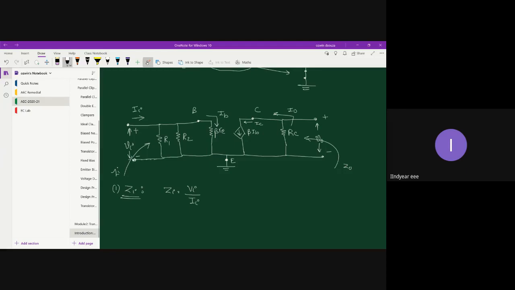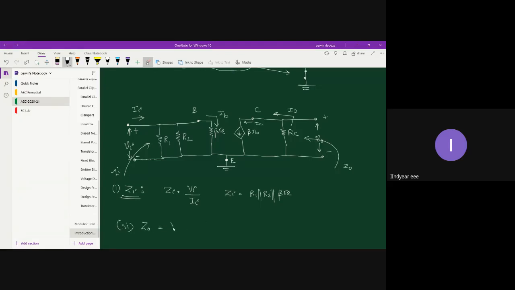You see that three resistors are connected in parallel: R1, R2, and beta re. So basically, your Zi is going to be the parallel combination of R1, R2, and beta re. That's your Zi, as simple as that.